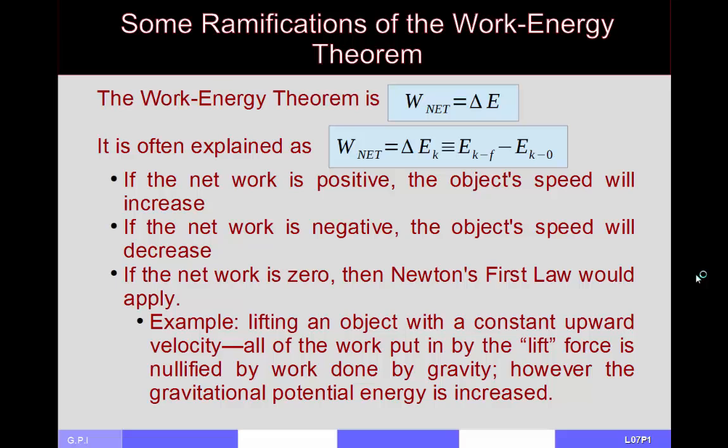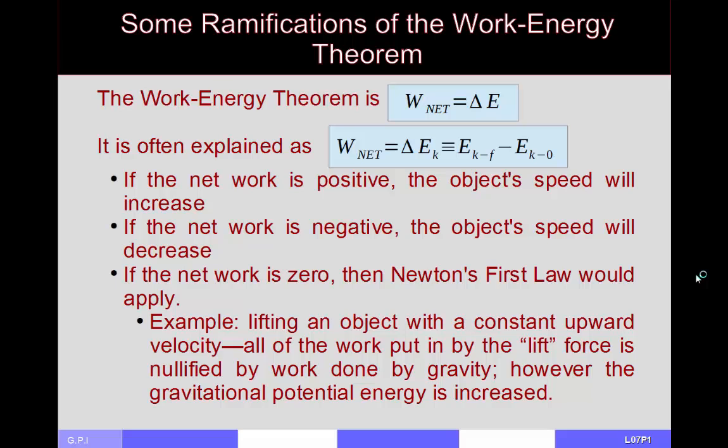In other words, I can push on a box across the floor and apply some work to that box and therefore have a non-zero work that I am doing, but I may be pushing against friction. That means that friction is pushing in the opposite direction, and if friction is equal to the amount of force that I'm applying to the box, then I'll get zero net work.